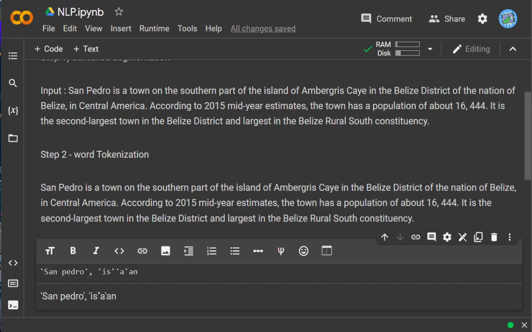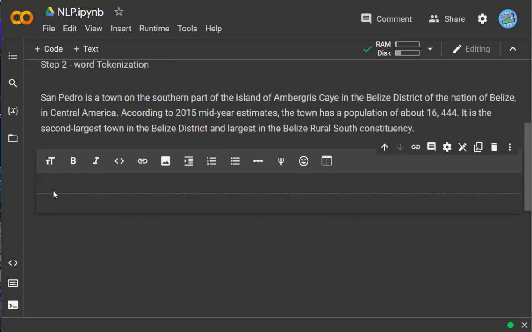Now the third step is predicting parts of speech for each token. For all the tokens we have created, we determine what part of speech each token belongs to. So let me write step 3, which is predicting the parts of speech (POS) for each token.